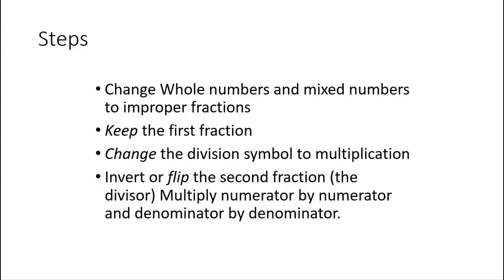You will change then the division symbol to multiplication. And again, the third step is you will invert, aka flip, the second fraction. And then you just get to multiply the numerator by the numerator and denominator by the denominator. So keep, change, flip.